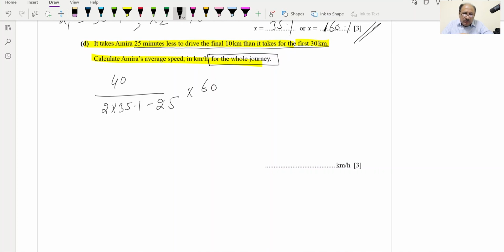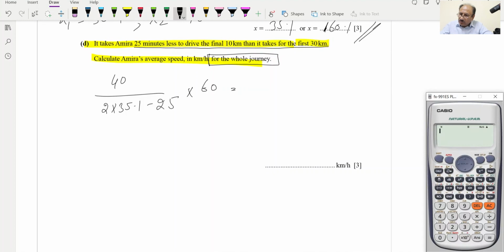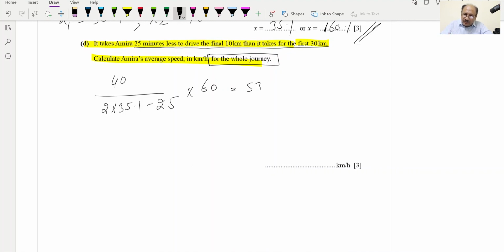So this will be kilometers per hour, which we can write as the fraction 40 multiplied by 60 over 2 into 35.1 minus 25, which is equal to 53.097. We can write 53.1, so 53.1 kilometers per hour.